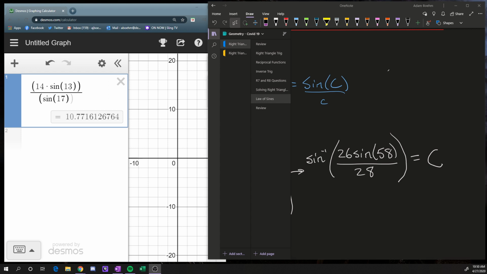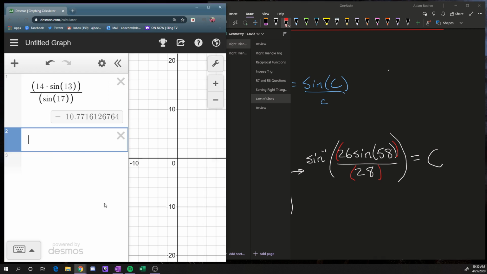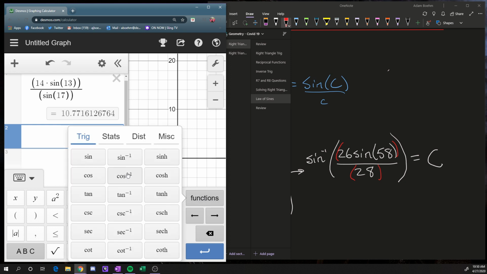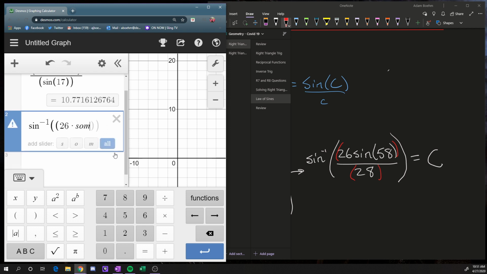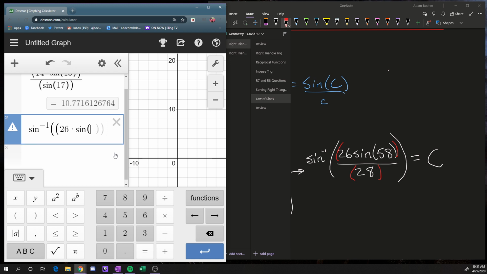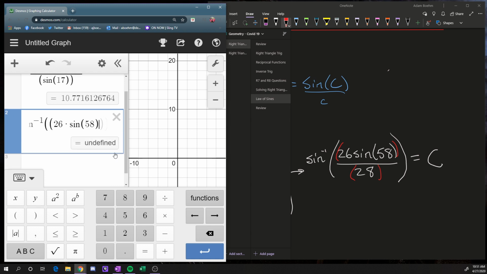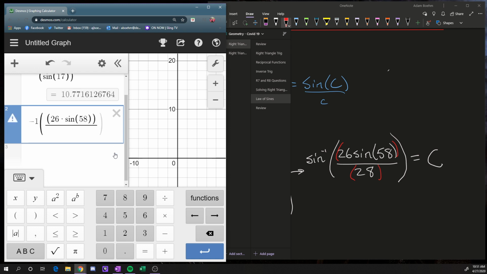Then again, we go to Desmos, or we go to our calculator and type in what we have on the left-hand side. Again, I would put parentheses around the numerator and around the denominator, and then everything should be fine. So if we start to type that into Desmos, we want the inverse sine, and then parentheses 26 times sine of 58, divided by just 28.